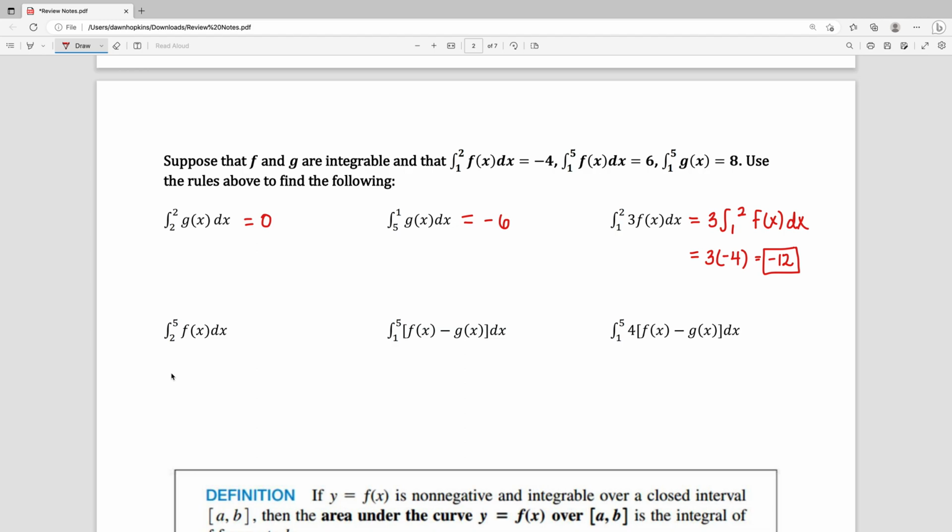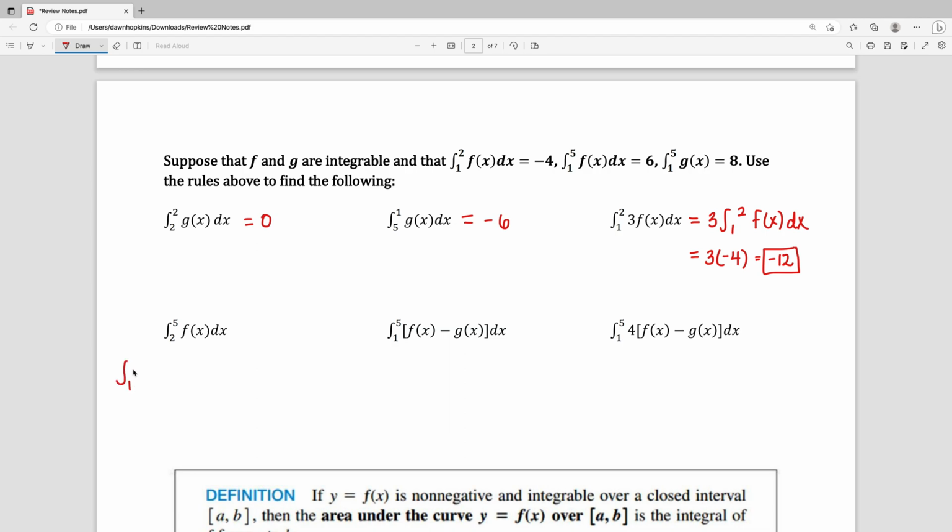Moving to the bottom row here, the first one is asking for the integral from 2 to 5 of the f function. Well, we're not given that explicitly, but we can use what works out very similar to the transitive property to find it. One of the properties on the previous page says something similar to this.